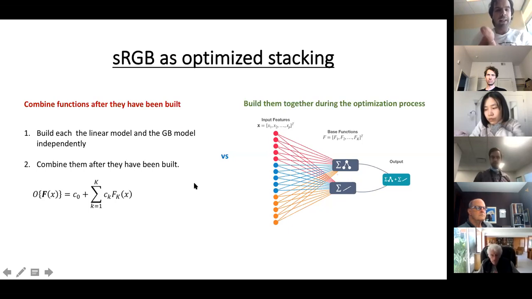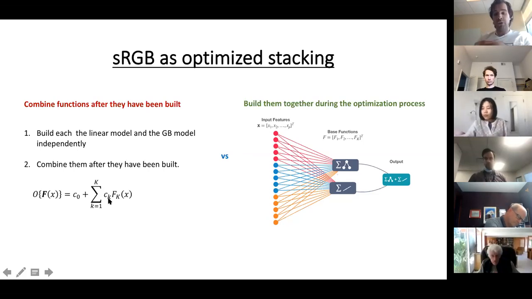So we're going to get the same data, fit the linear model, fit the gradient boosting, and then linearly combine them using stacking, versus growing the same output function, the same class of function, but with the bases being optimized together using representational gradient boosting.